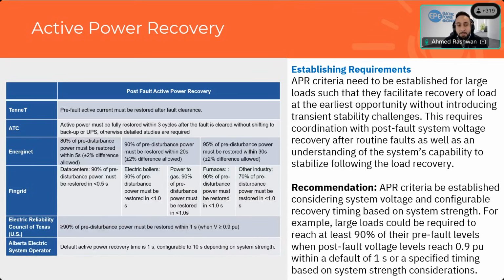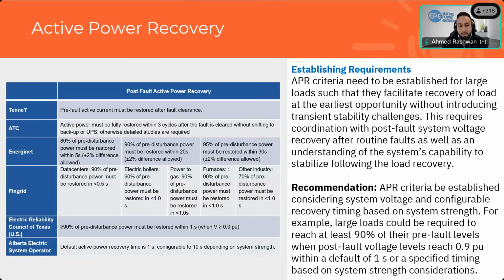So Tenet at a high level mentions that pre-fault active power just must be restored after the fault is cleared. ATC establishes a 3-cycle timeline for when the load must be restored. EnergyNet, after voltages are restored to a certain level, they then expect the load to begin restoring within a certain period of time.